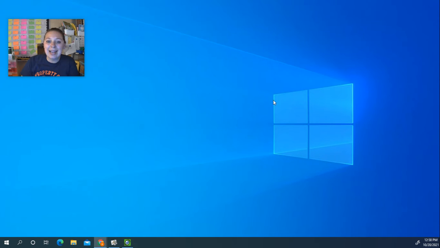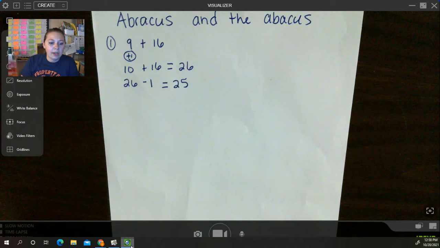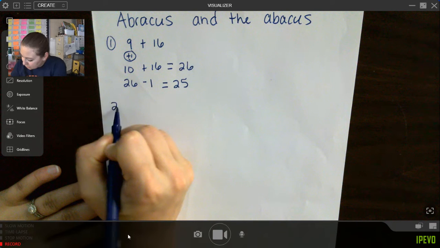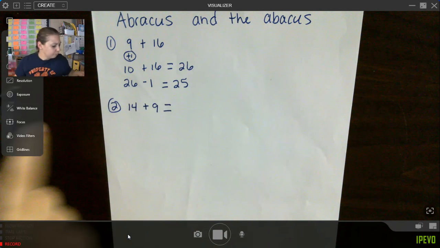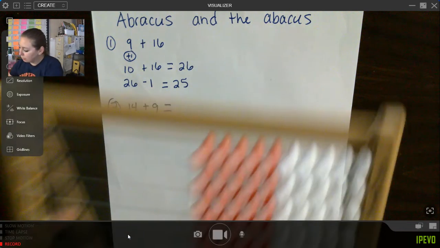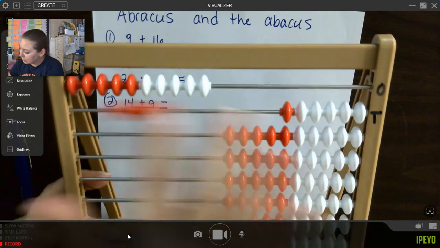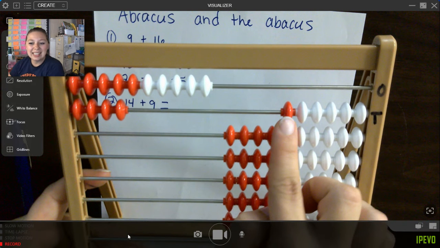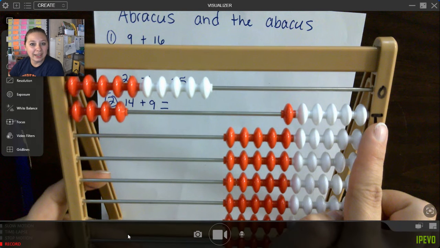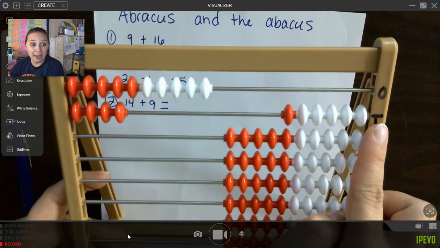14 plus 9. Okay, so I'm going to copy down number 2, 14 plus 9. Now, when I look at the number 14 on the abacus, 14 is not an easy number to count by, and it's 6 away from a friendly number. That's pretty far away.